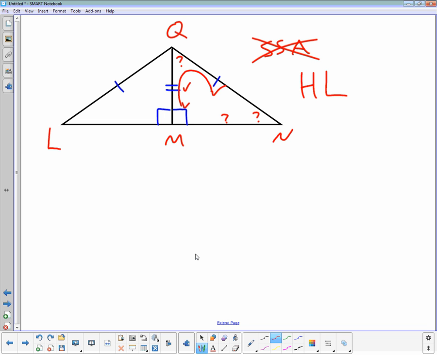Okay? It's important. So write me a congruent statement. Let's go LMQ. Triangle LMQ is congruent to who?